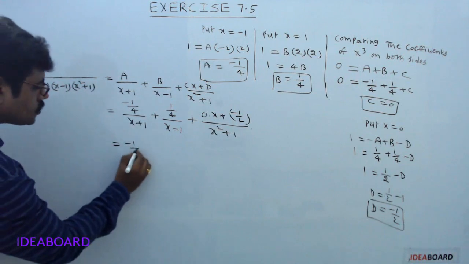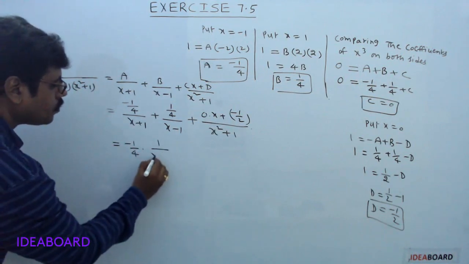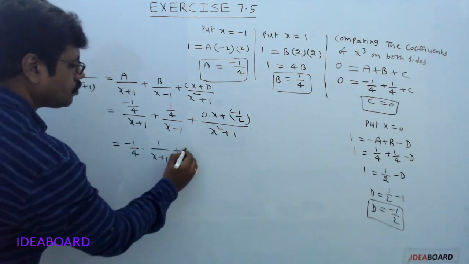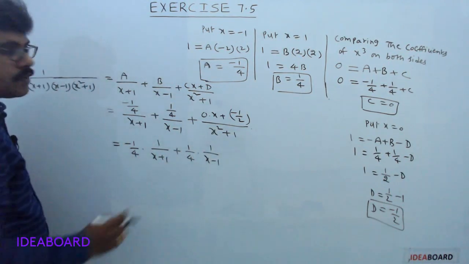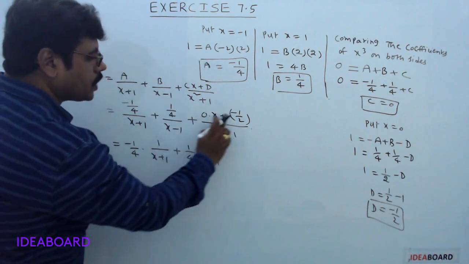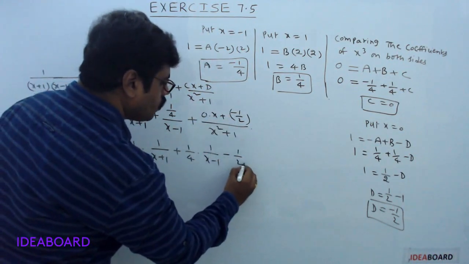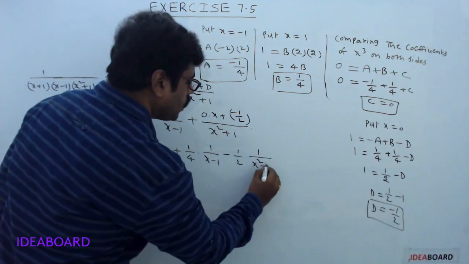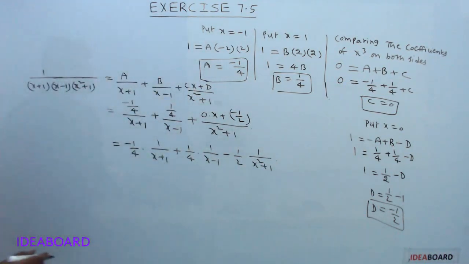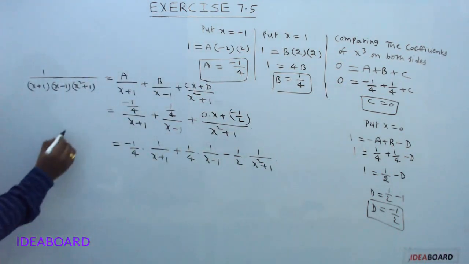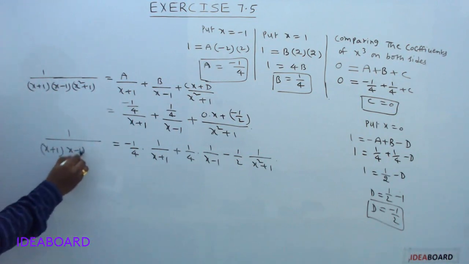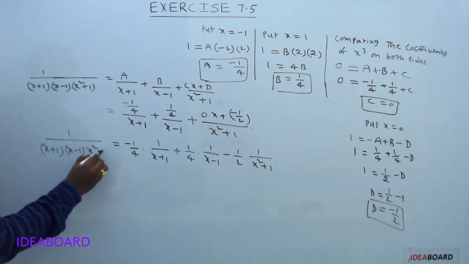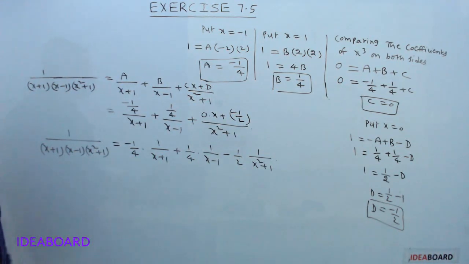Now this is minus 1 by 4 into 1 divided by x plus 1, plus 1 by 4 into 1 divided by x minus 1, plus 0, minus 1 by 2 into 1 divided by x square plus 1. Corresponding LHS part is 1 divided by x plus 1 into x minus 1 into x square plus 1.